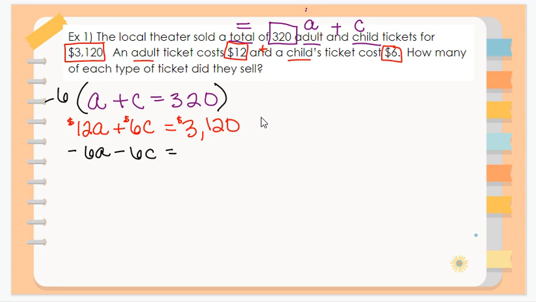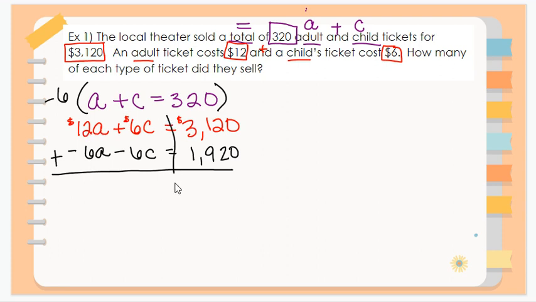I'm going to do that on my calculator. Hopefully you have your calculator out to do your math as well. And that's 1,920, so negative 1,920.